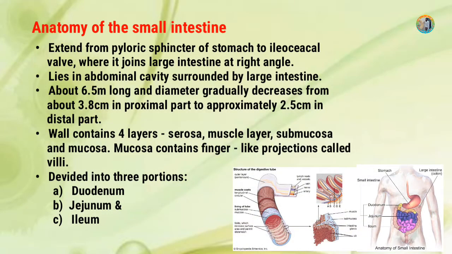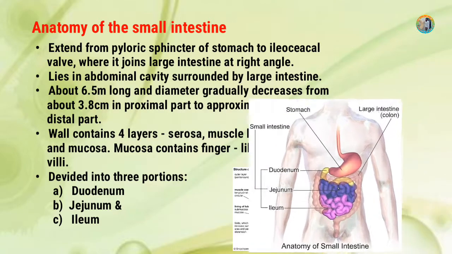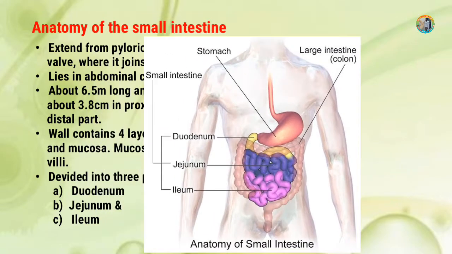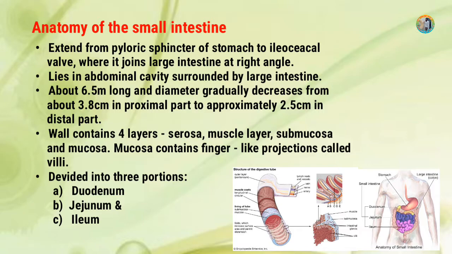Anatomy of small intestine. It extends from the pyloric sphincter of the stomach to the ileocecal valve, where it joins the large intestine at a right angle. It lies in the abdominal cavity surrounded by the large intestine. About 6.5 meters long, its diameter gradually decreases from about 3.8 centimeters in the proximal part to approximately 2.5 centimeters in the distal part.